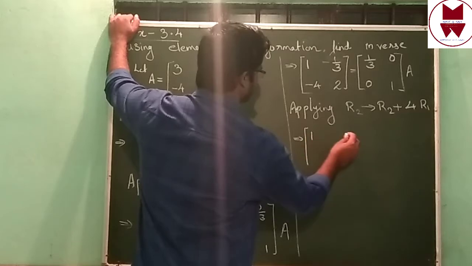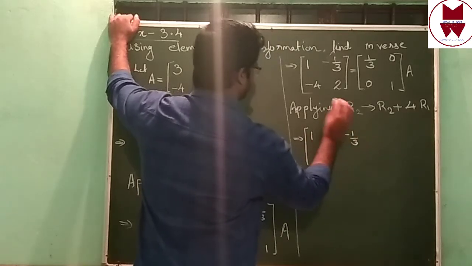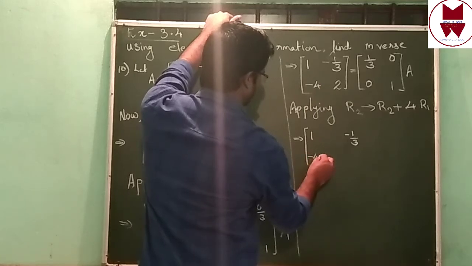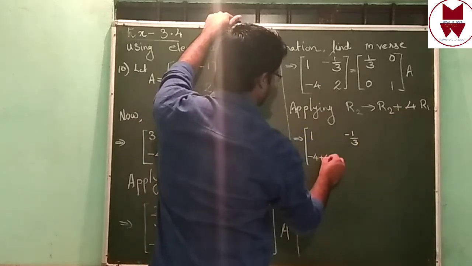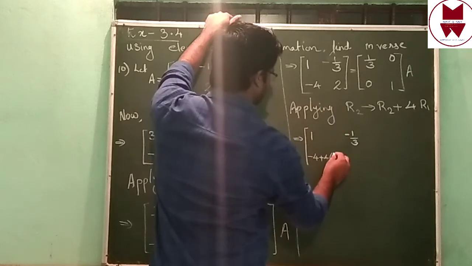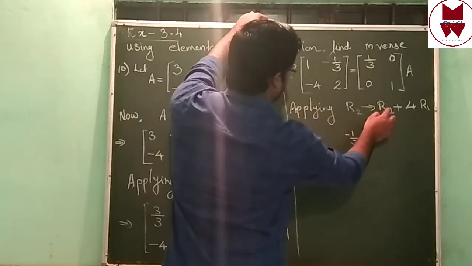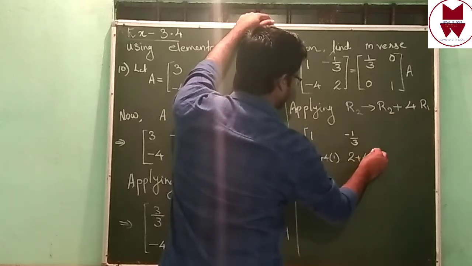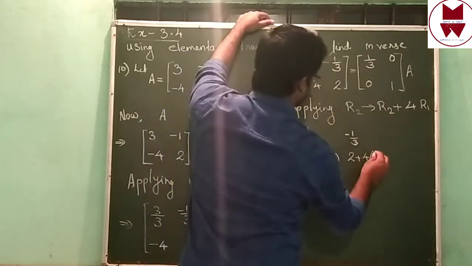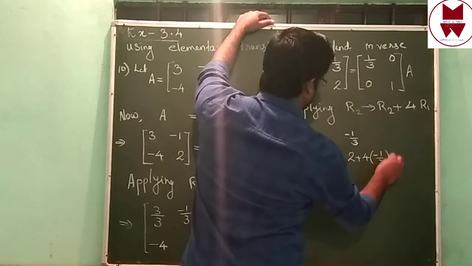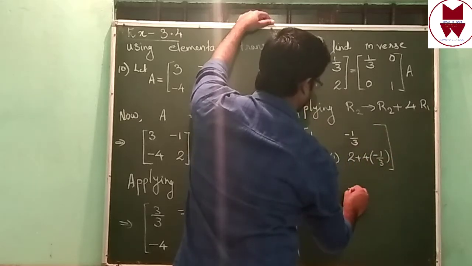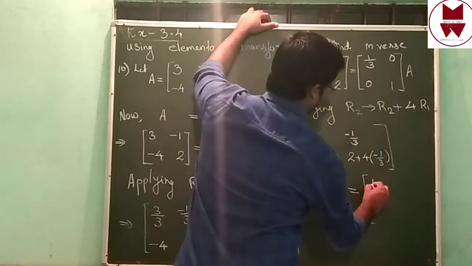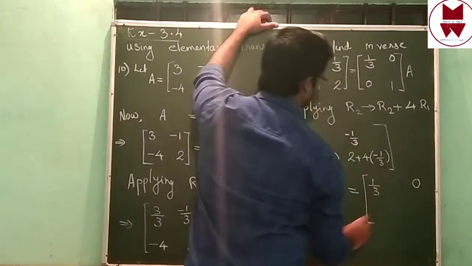R1 we write as it is. Then R2 is minus 4 plus 4 into R1, R1 is 1. Then also R2 is 2 plus 4 into R1, R1 is minus 1 by 3, equal to 1 by 3, 0.